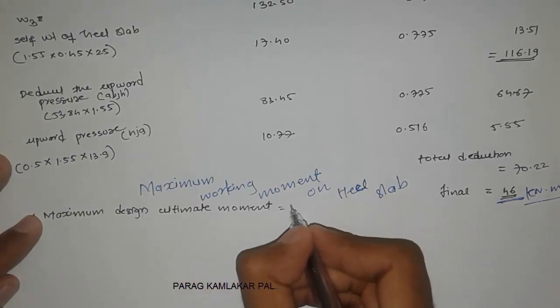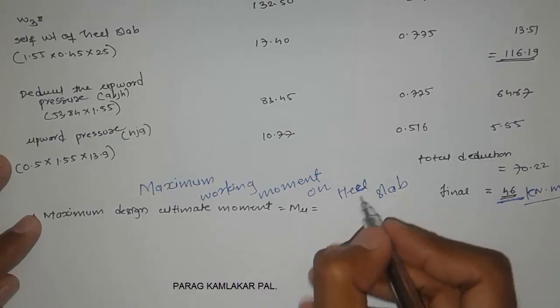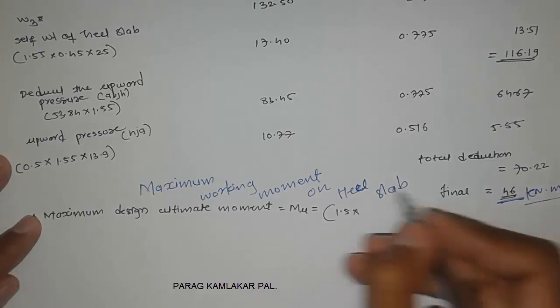Ultimate moment, which is Mu, is given by the factor 1.5 multiplied with 46.